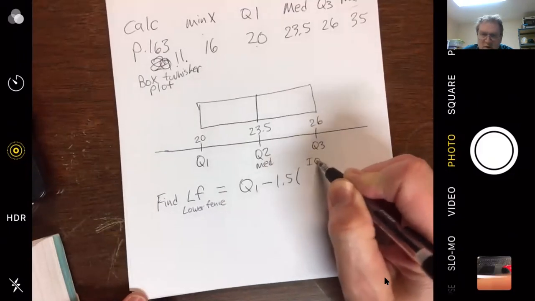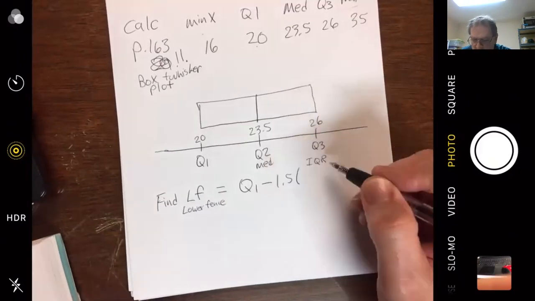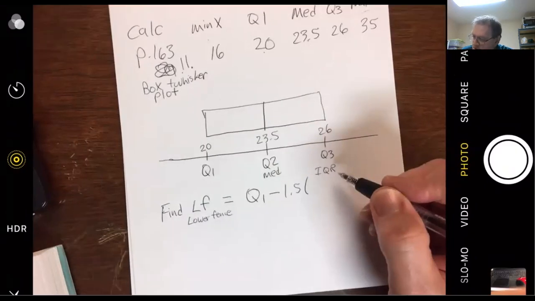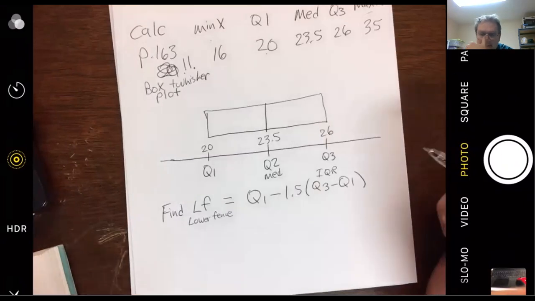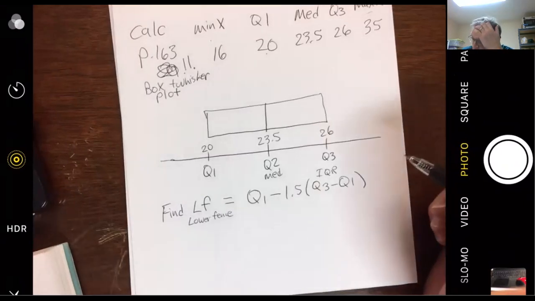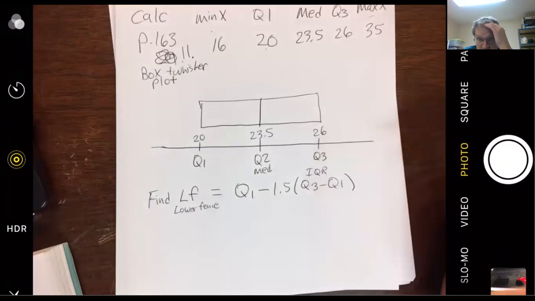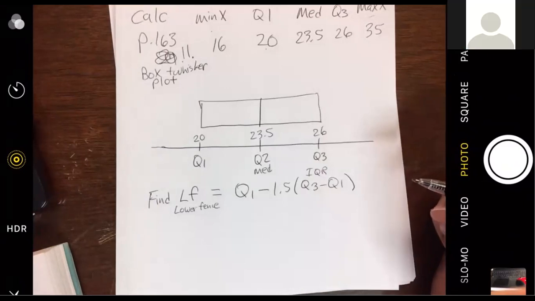That's that interquartile range. And that was Q3 minus Q1. I'm just going to punch it all at once rather than figure this separately. Are we losing anybody? Yes, no, yes, please. It makes sense? Yes.